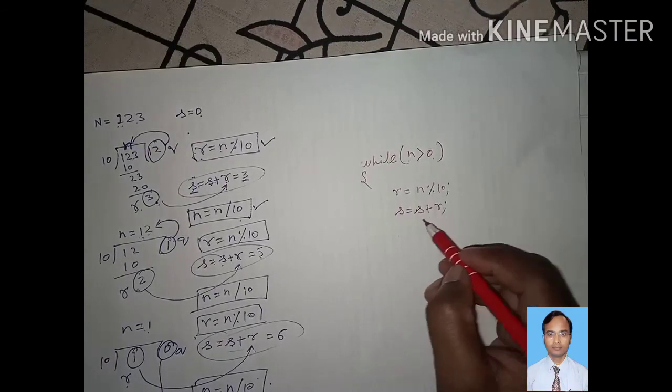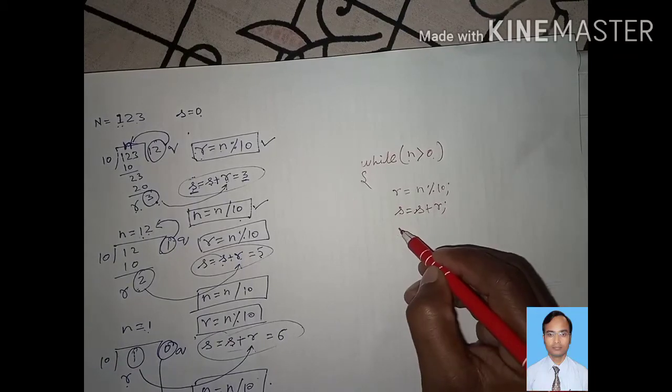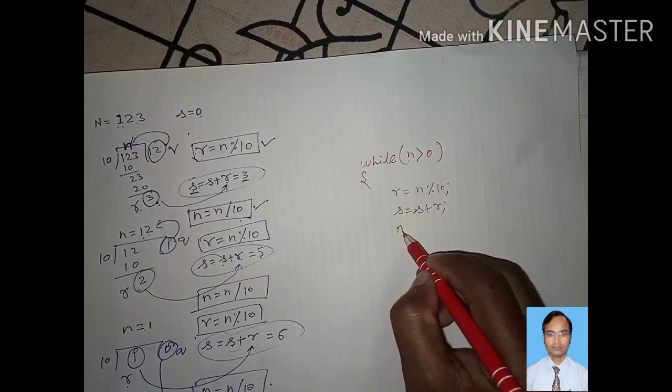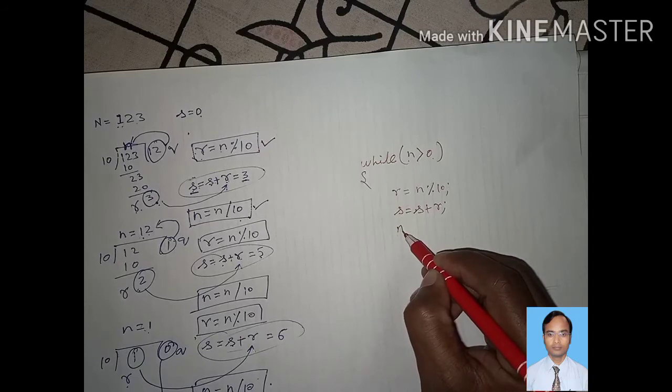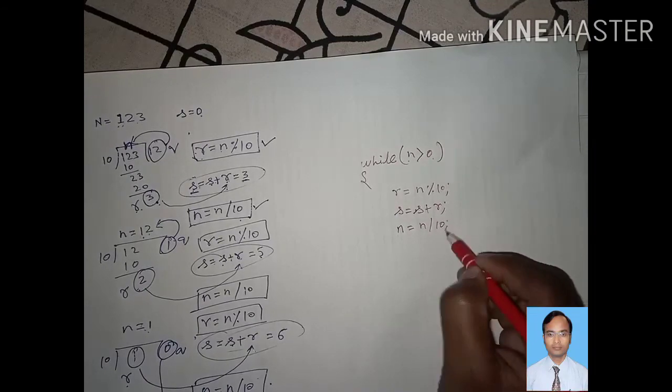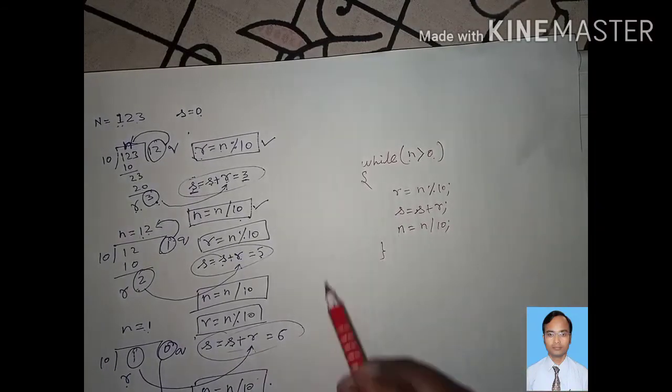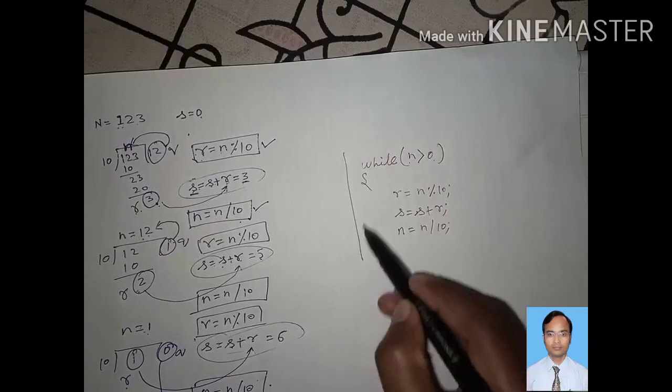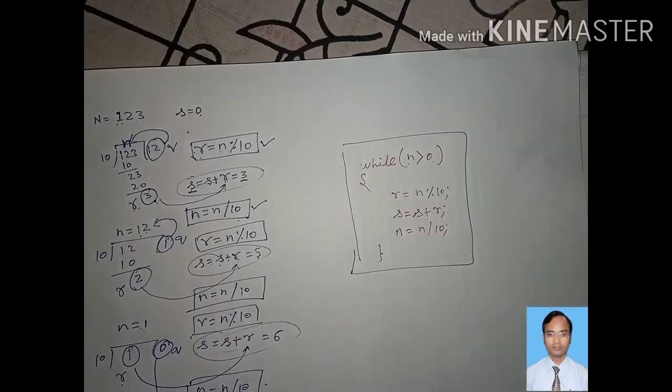This will generate the sum of digits, and after that there is need of a new number, there is need to remove the last digit. This will remove the last digit. Using this logic, you can separate and you can calculate upon the last digit.